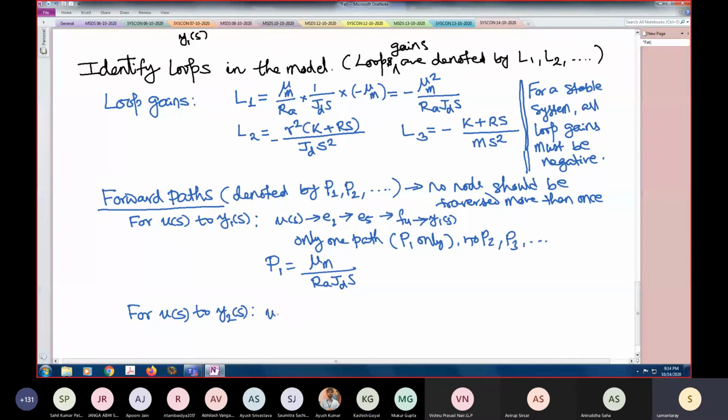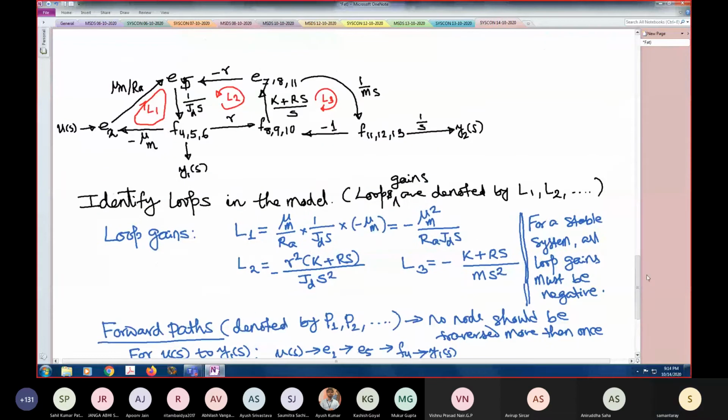again you have one path, US to E2 to E5 to F4. We will find how it goes. So it goes to F4, then F4 to, you cannot go opposite to the arrow. You have to traverse in the direction of the arrow. So F4 to F8, F8 to E7. You cannot go from E7 to E5.